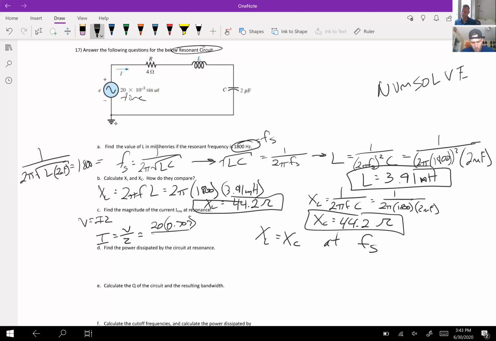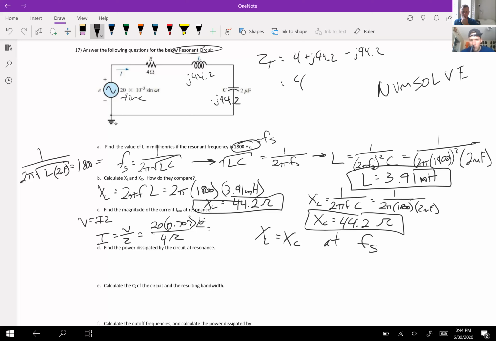Right, and then its angle says 0. And then Z, well, at resonance, the XL and the XC cancel out, and all that it is is 4 ohms. But if you weren't sure of that, we could write it up here and write j44.2, negative j44.2, right? And so my Z total that I can see is 4 plus j44.2 minus j44.2, and I get 4, right? So that's where it's coming from.